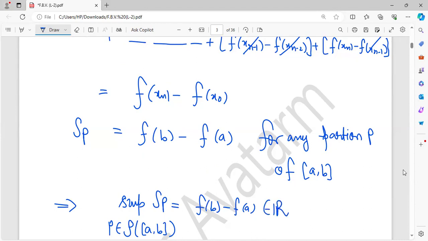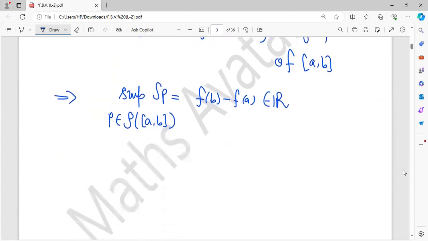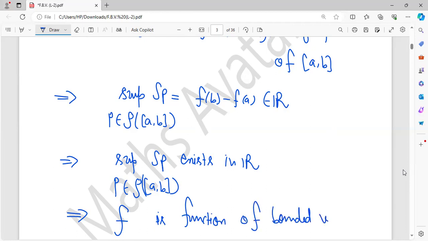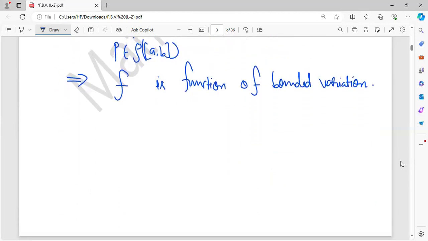So it means the supremum exists in R. This implies f is a function of bounded variation.